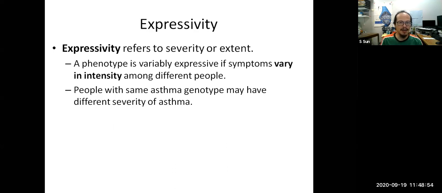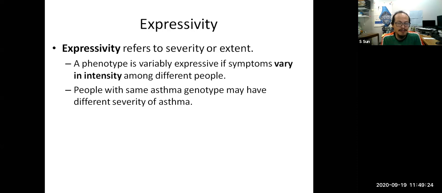Expressivity means the level, the severity, or the intensity of the phenotype that the gene produces. For example, some people have the same asthma genotype, but the severity could be different. How our immune system responds to the allergen could be high or low.